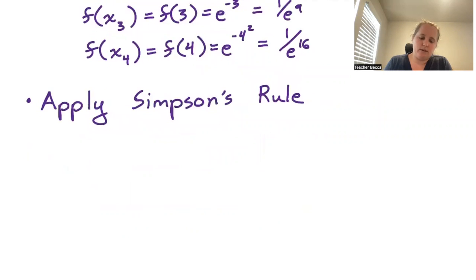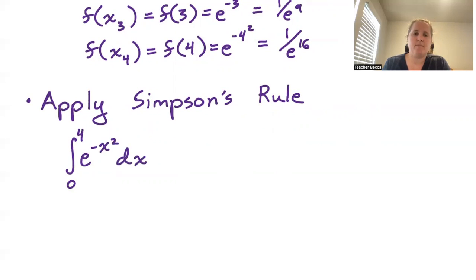So we have the definite integral from 0 to 4 of e to the negative x squared dx is approximately equal to delta x over 3.